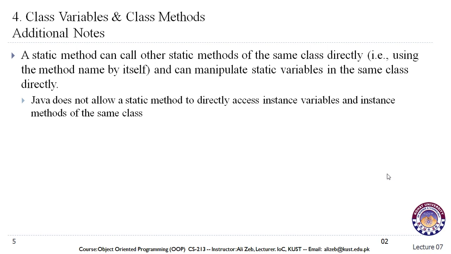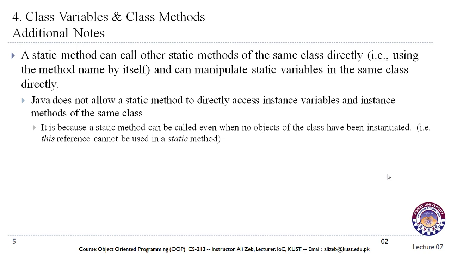A static method cannot access that variable directly. It is because a static method can be called even when no objects of the class have been instantiated. That is, the this reference cannot be used in a static method.